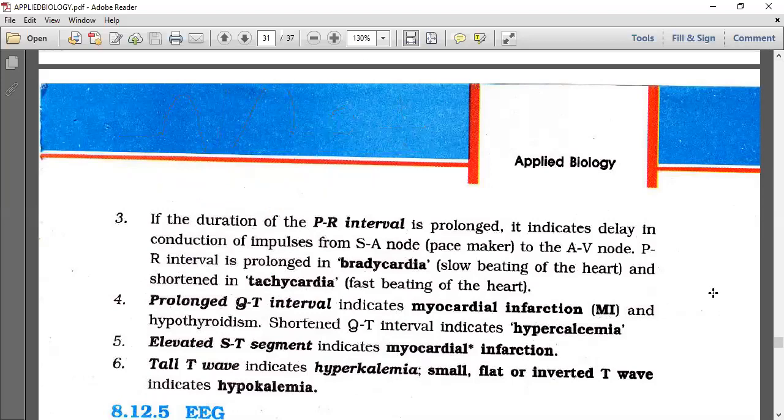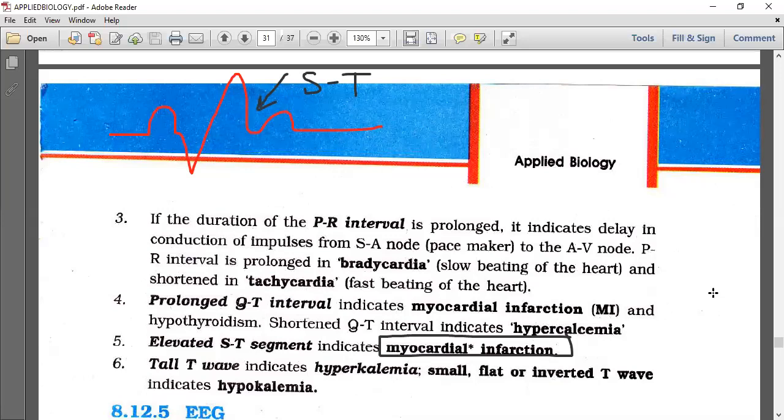Again, I'll draw that, and I'll point it out with an arrow mark. This is the ST segment. What is the ST segment? The end of ventricular systole and beginning of ventricular diastole. An elevated ST segment indicates myocardial infarction, a heart problem.